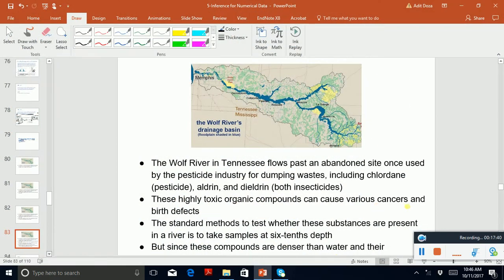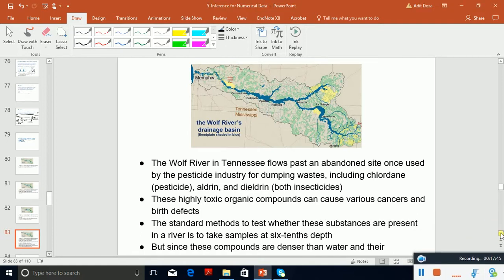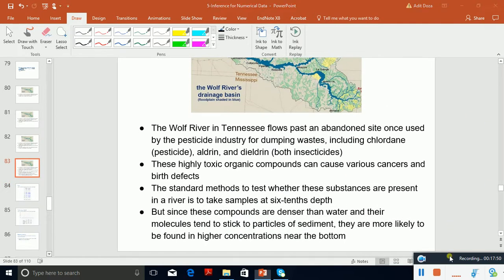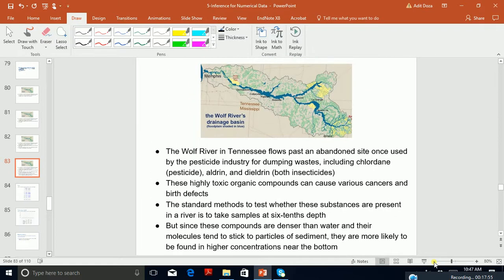But since these compounds are denser than water, and their molecules tend to stick to particles of sediment, they are more likely to be found in higher concentrations near the bottom. So these pesticides, if dense, don't float. They go to the bottom, because they're heavier than water.